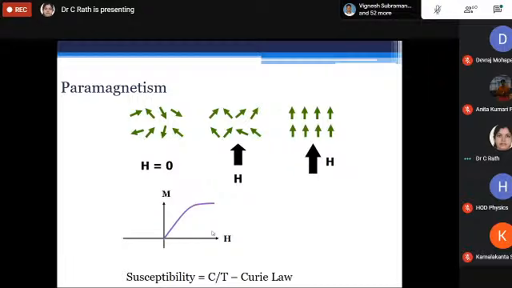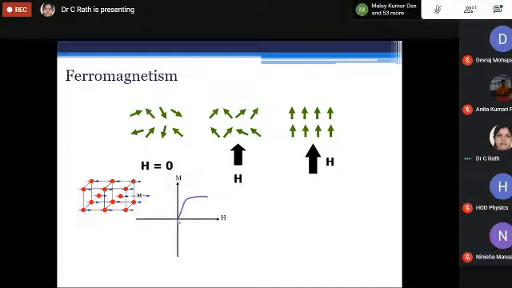So all these domains are randomly oriented, like in paramagnetic material each atomic spin is randomly oriented. Here, each domain is randomly oriented. Each spin is representing here a domain, and all these domains are randomly oriented. So at H equal to 0, you get M equal to 0.